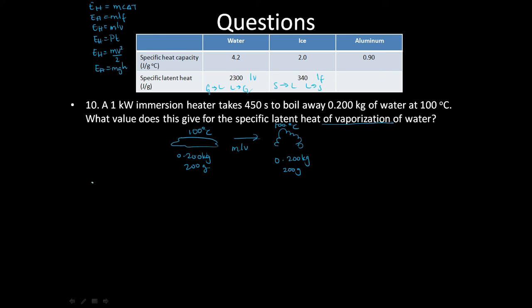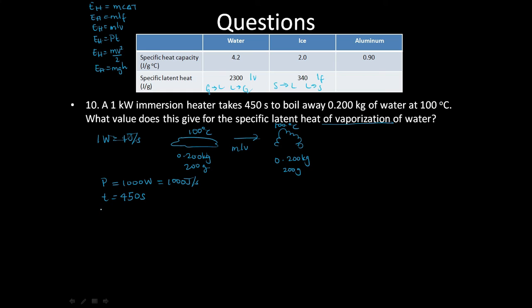So let's write all that we have. Anything in watts is power. So power is 1,000 watts. We're converting from kilowatts to watts, and that's 1,000 joules per second. Remember, 1 watt is equivalent to 1 joule per second. Then we have the time, which is 450 seconds.